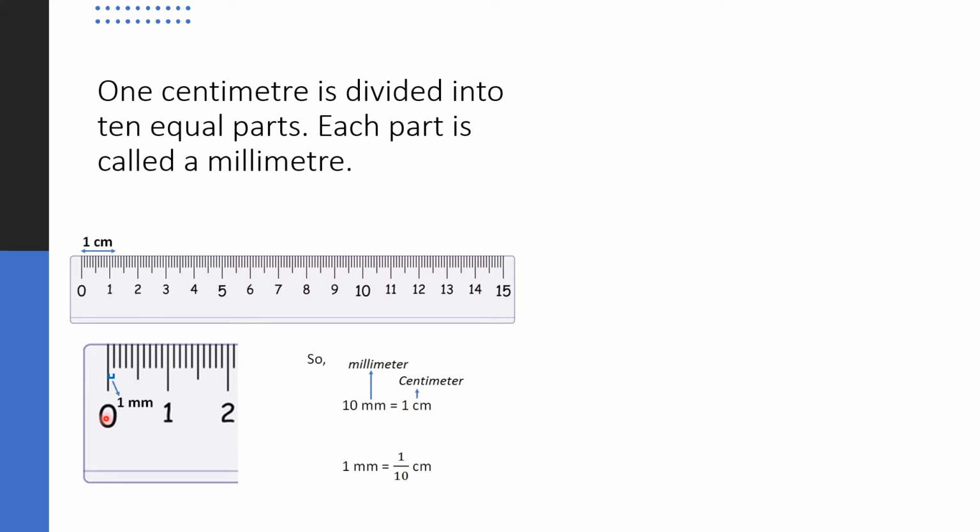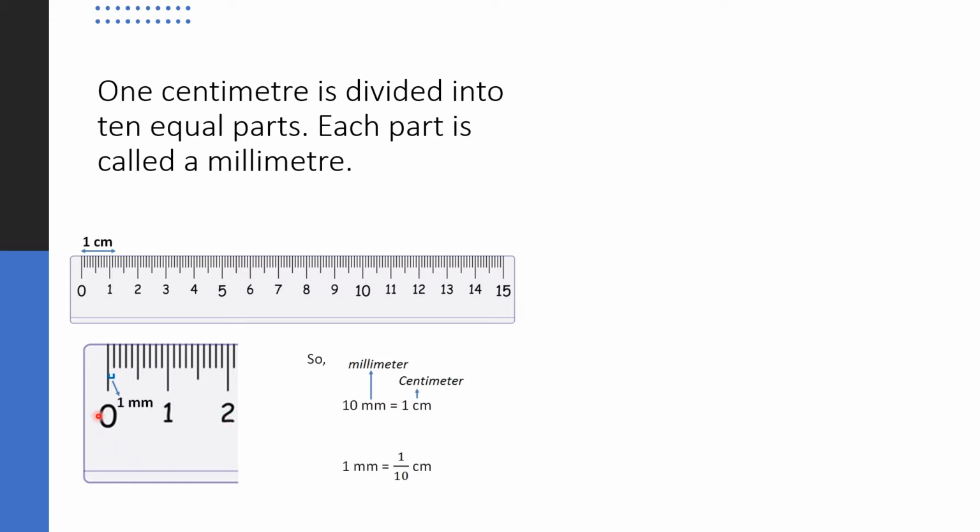When we measure any object, we will start from 0. So from 0 to 1 it is 1 centimeter. From 1 to 2 it is 2 centimeter.